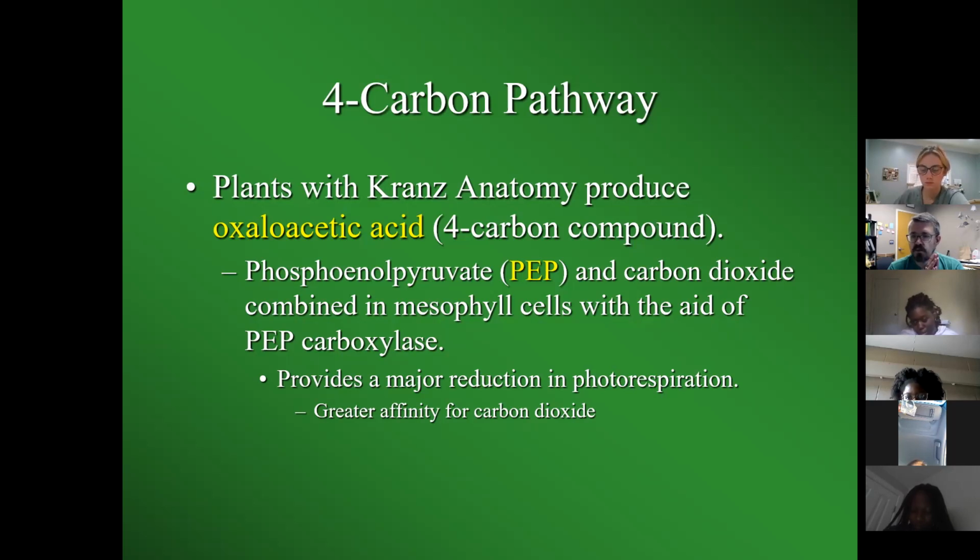I'm not even worried that you remember the PEP or how the carbon dioxide is combined. What I want you to remember is that it gets absorbed and combined in the mesophyll cells, and then it moves through malic acid to the bundle sheath cells for the purpose of reducing photorespiration.